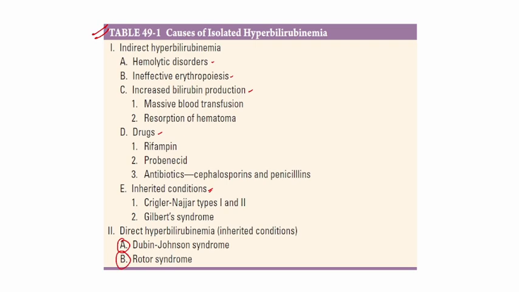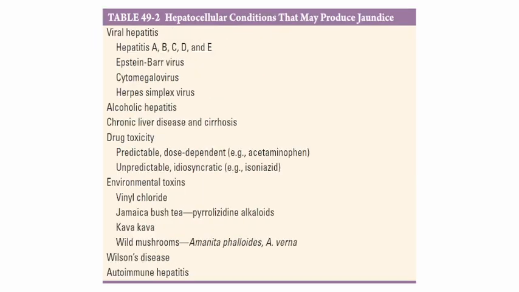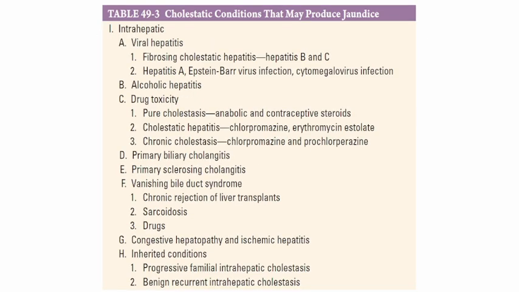These two are congenital. Hepatocellular injury causes: viral hepatitis, alcoholic hepatitis, chronic liver disease, drug toxicity, environmental toxins like vinyl chloride, kava, and pyrrolizidine alkaloids, amanita phalloides, right? Wilson disease, autoimmune hepatitis. These are the causes of hepatocellular conditions.